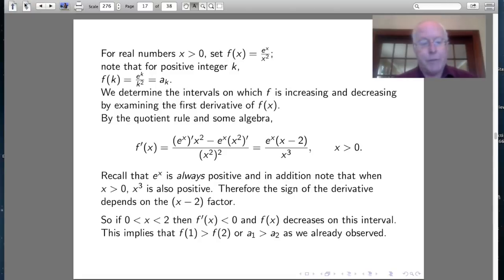So if x is between 0 and 2, then f prime of x is less than 0, and f decreases on this interval. This implies, for example, that f1 is bigger than f2, or a1 bigger than a2, as we already observed.